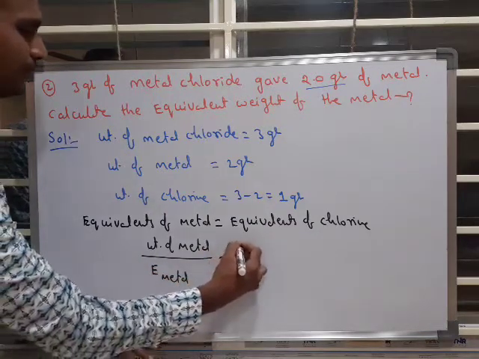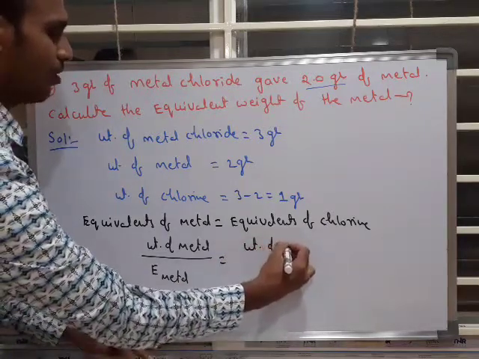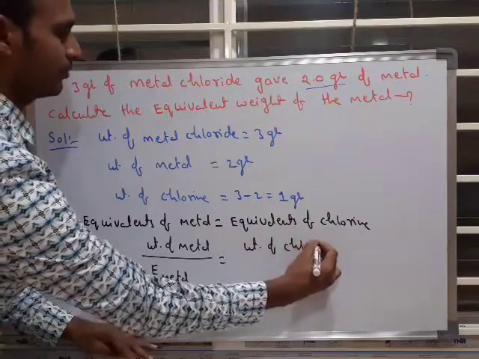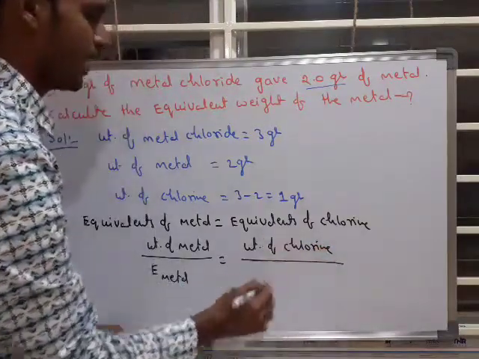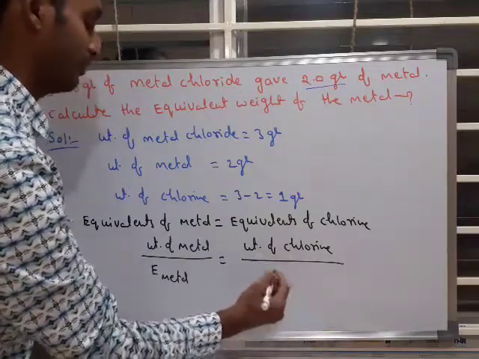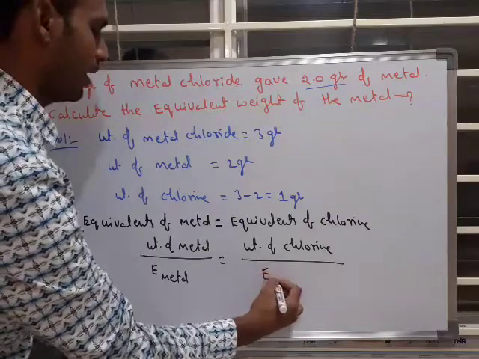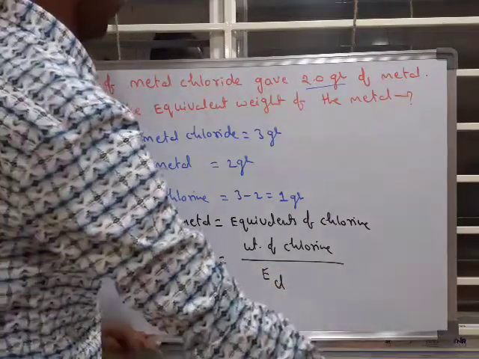Equals weight of chlorine by equivalent weight of chlorine. Don't write Cl2, it belongs to element.